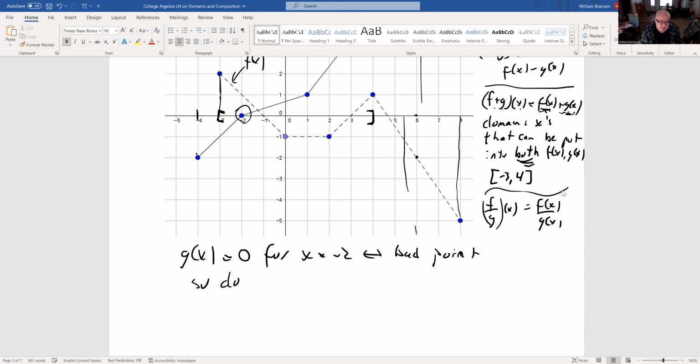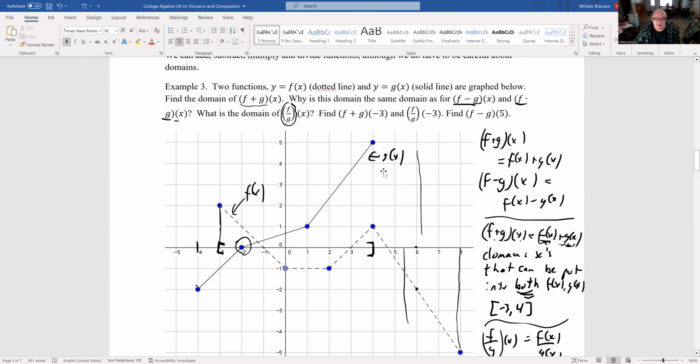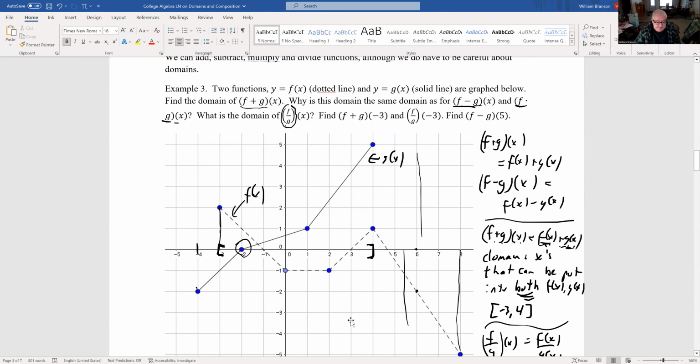So the domain for f over g of x is, we can go from minus 3 up to 2. We have to skip 2, and then we can go up to 4, because you can't divide by 0. So what's f plus g of minus 3?